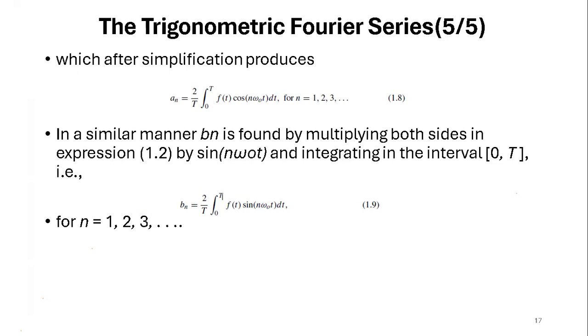In a similar manner, b n is found by multiplying both sides of expression 1 by sin n omega t and integrating over the time period of the periodic signal. Thus b n is equal to 2 over T times the integral over one period of f of t sin n omega t dt.